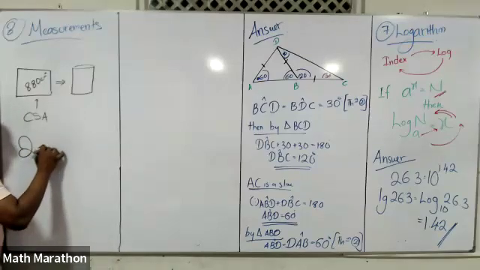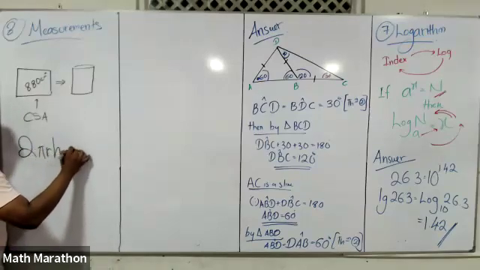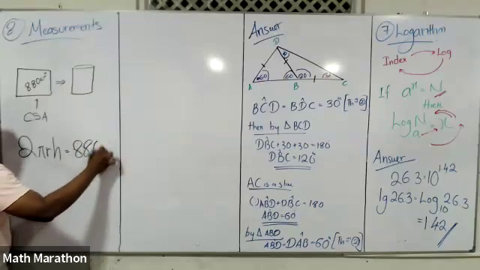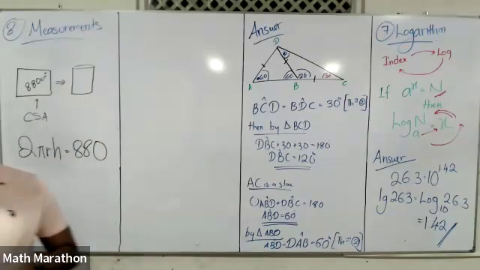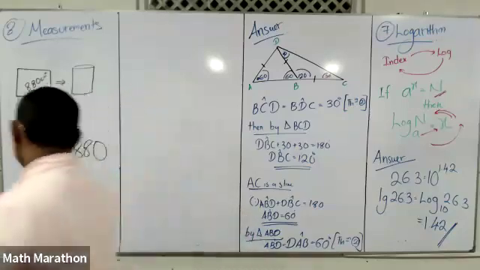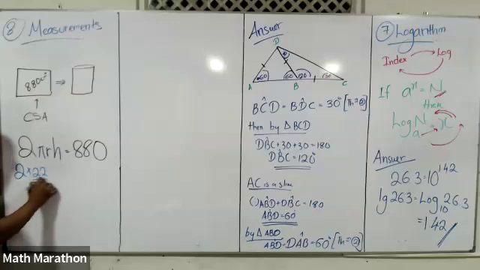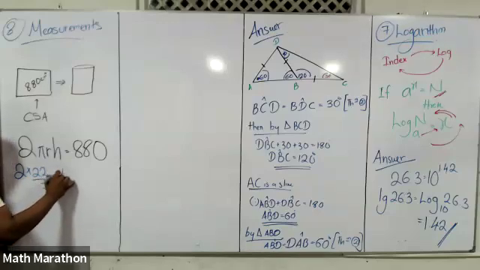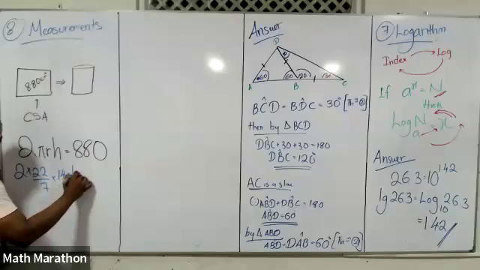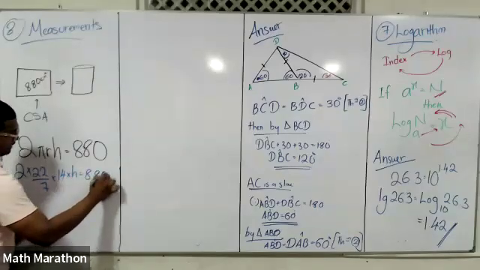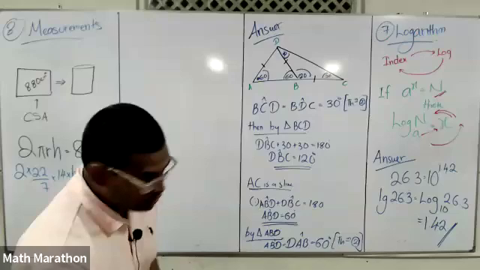2 pi r h equals 880 centimeters squared. Now we'll solve it. 2 times 22 divided by 7, 14 into h equals 880. It's about cutting and chopping.